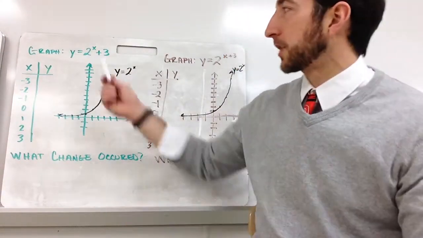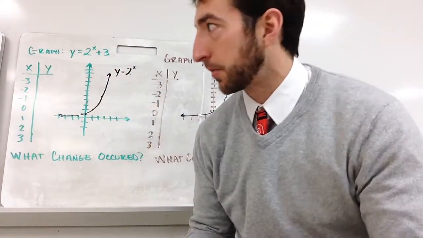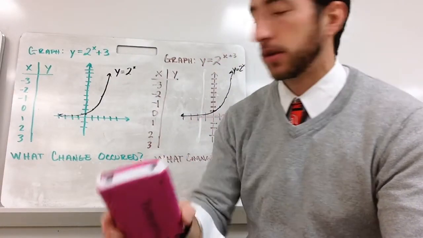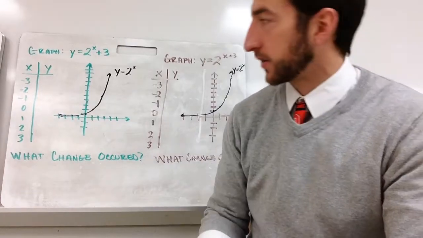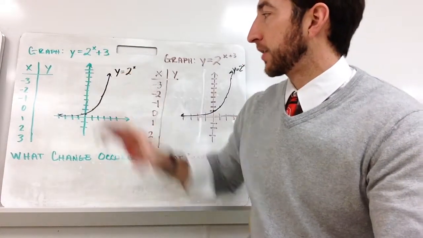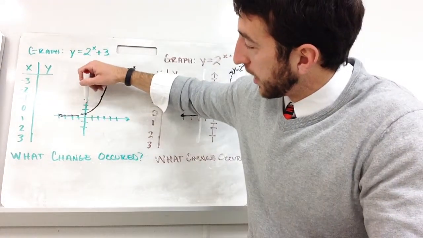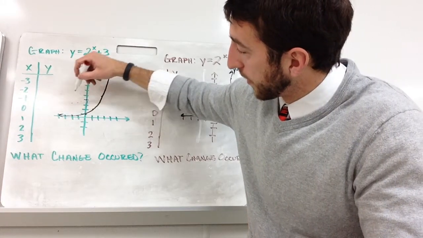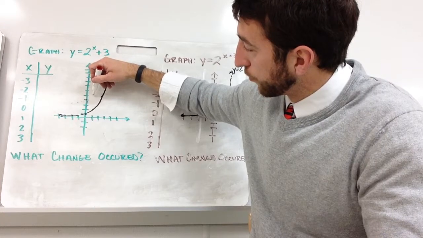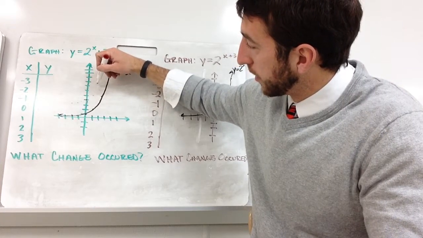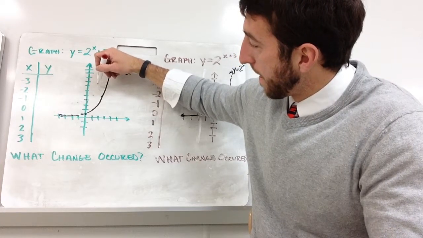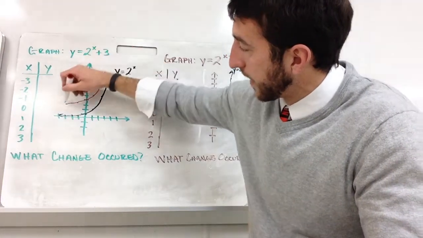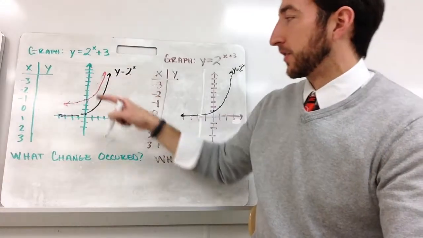Okay, so same kind of thing. We're now adding 3 each time. So we plug in my points. I'm going to kind of speed this up. If we were to add 3, I'm going to shift my points up. If you were to plot all these points, it ends up looking like that.